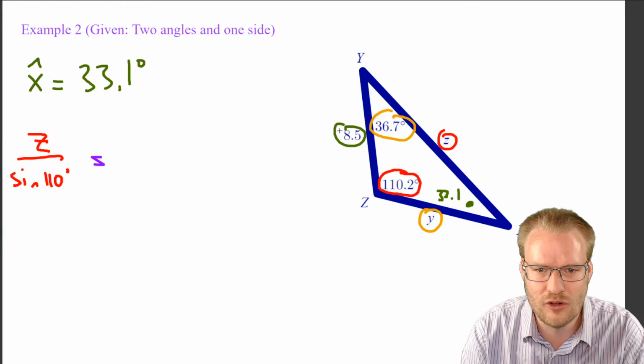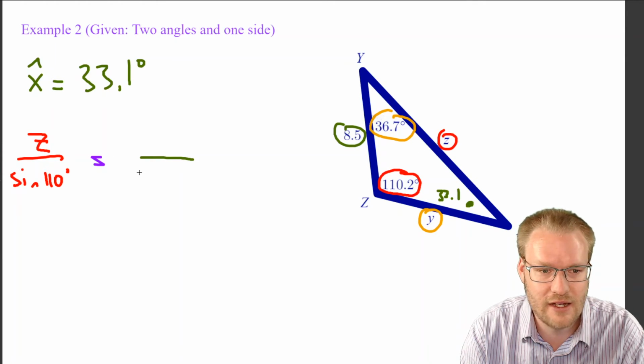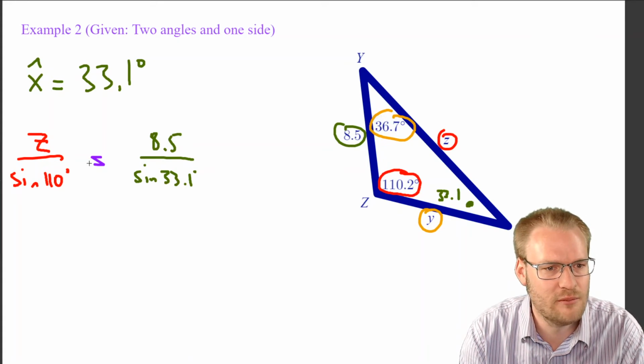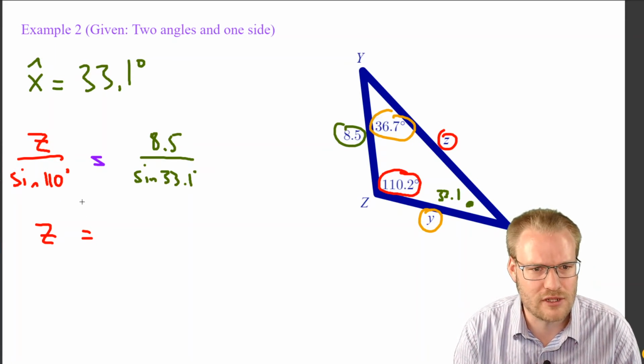Let's go for this one. I suppose we have to, because there's where we know two things. So we've got the angle at the bottom, sine 33.1 and 8.5. Multiply both sides by sine 110, and if you could hit the button, then Z equals, what does it equal?